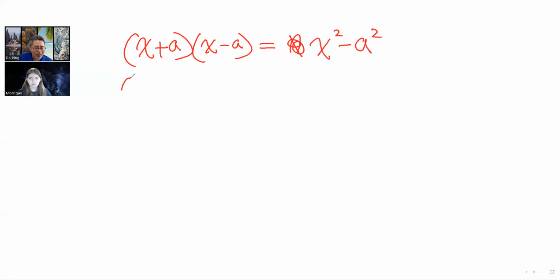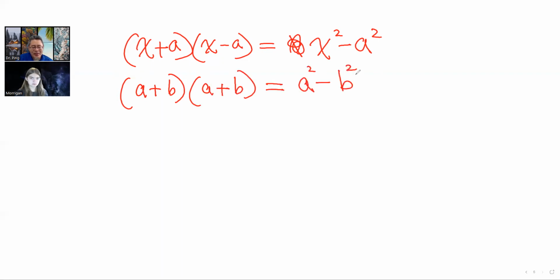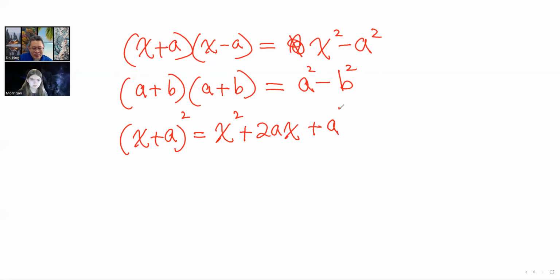And sometimes we write it in different forms, but it means the same thing: a squared minus b squared. And we also have x plus a squared, that is x squared plus 2ax plus a squared.